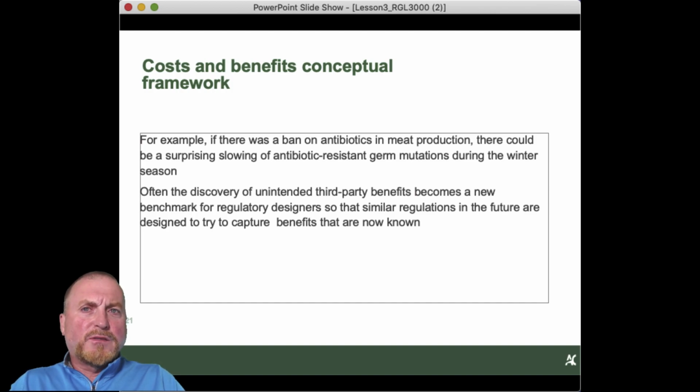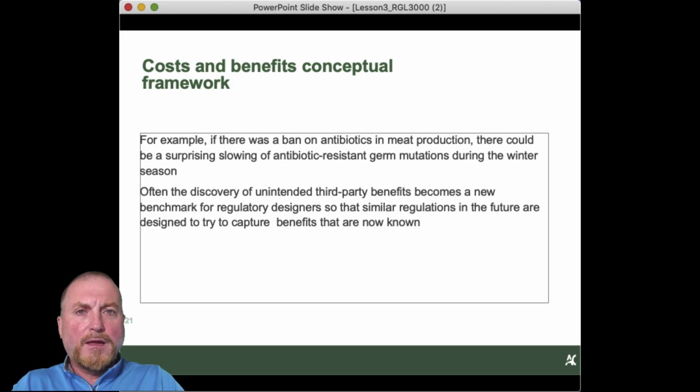And there's other examples. For example, a ban on antibiotics in meat production. There could be a surprising slowing of antibiotic-resistant germ mutations during the winter season. For example, well, we expected some of that, but whoa, we didn't expect this much, and so on. And these things happen with regulation, right?